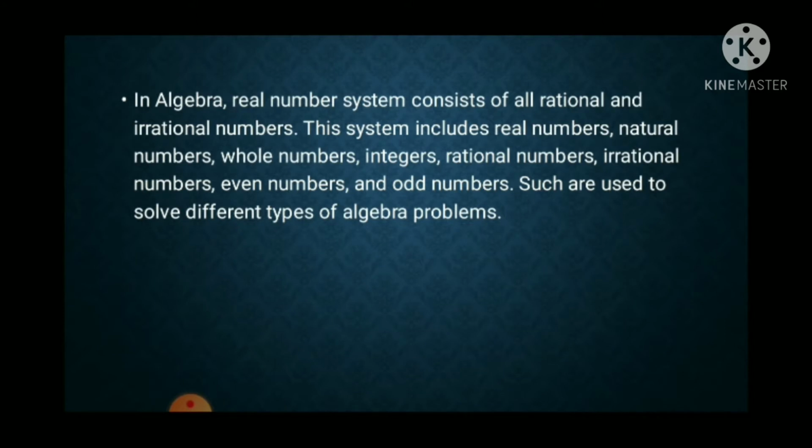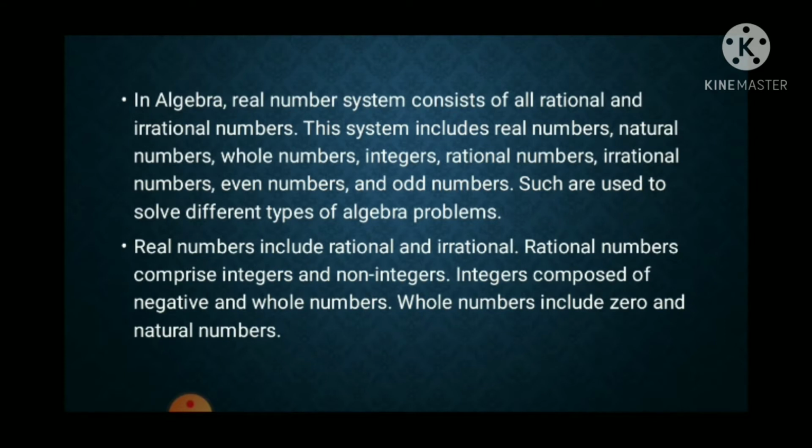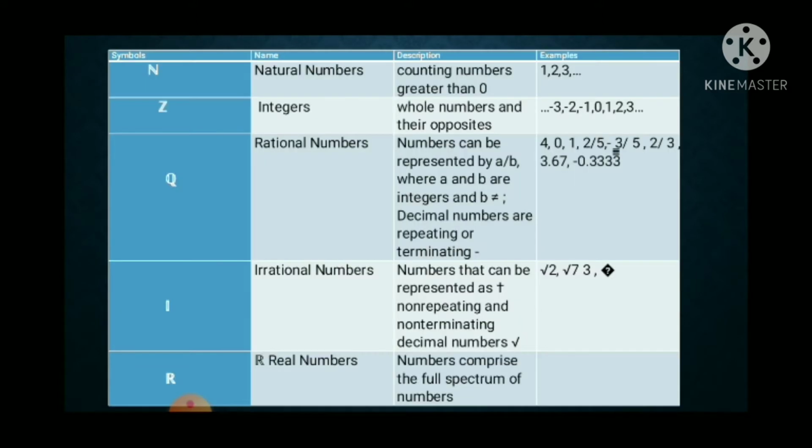Mostly, module na sila ang ginagamit. Right? Real numbers include rational and irrational. Rational numbers comprise of integers and non-integers. And integers, it is composed of negative and whole numbers. Whole numbers include zero and natural numbers.